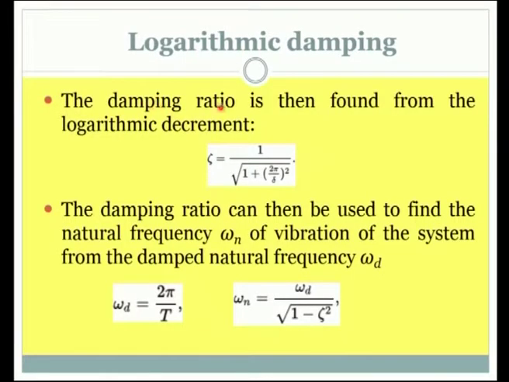The damping ratio is then found from the logarithmic decrement using this mathematical expression. The damping ratio can then be used to find the natural frequency, denoted here in angular frequency form omega n, of the vibration of the system from the damped natural frequency.